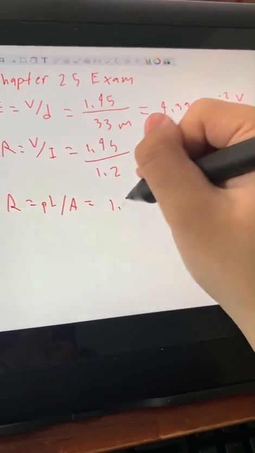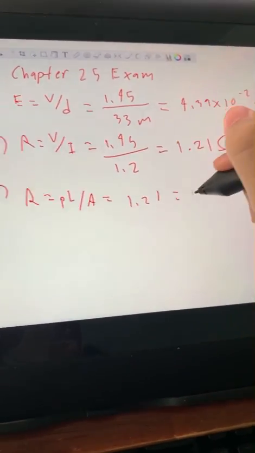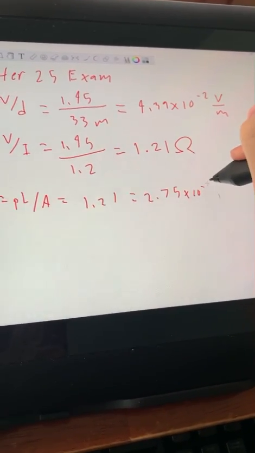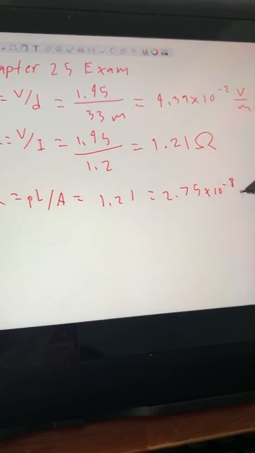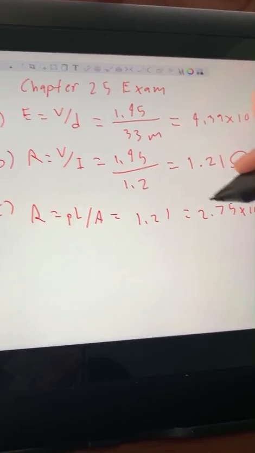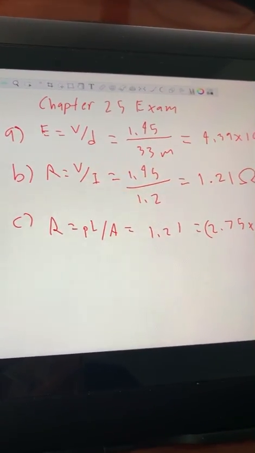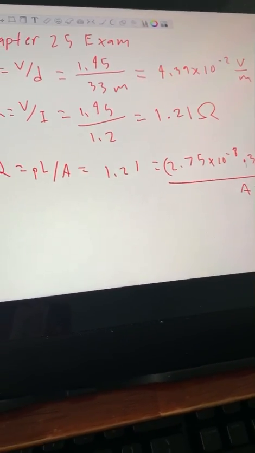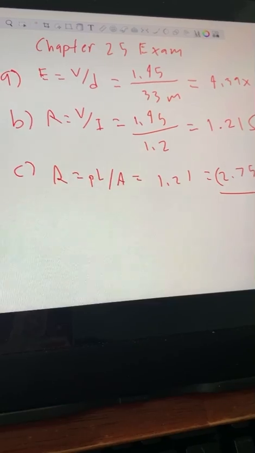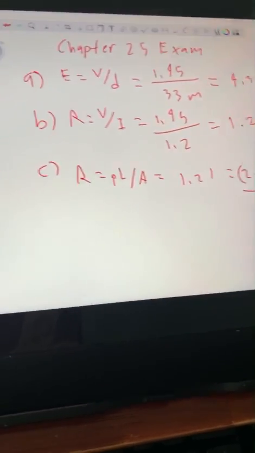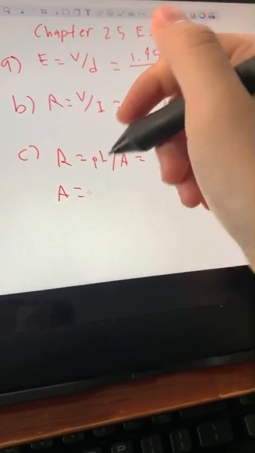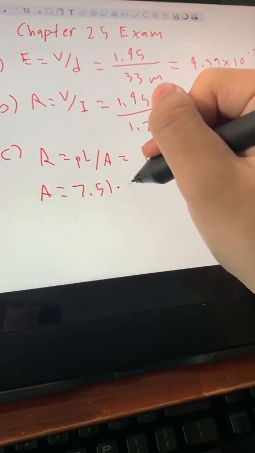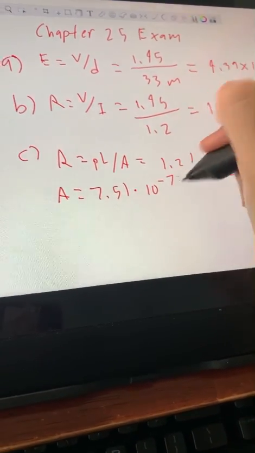So it would be 1.21 equals 2.75 times 10 to the power of negative 8 times 33, and then we put this in parentheses, divided by A. After calculating all of this, it will come out to A equals 7.51 times 10 to the power of negative 7 meters squared.